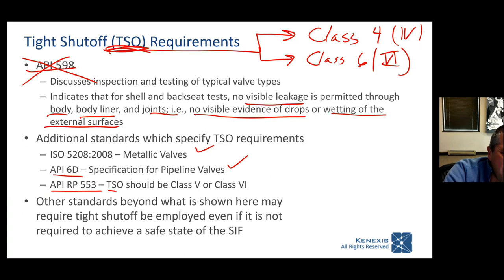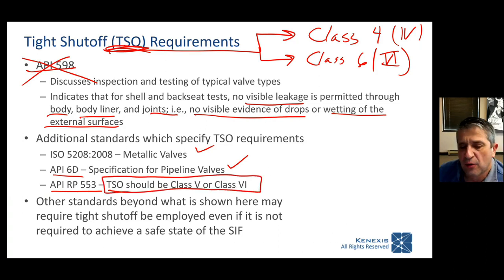And API 553 mentions that when you call something TSO, it should be class 5 or class 6, which is a little bit concerning because it's a refinery standard, and 5 and 6 means we're talking about soft seats, which in a refinery is something that we would generally prefer to avoid.